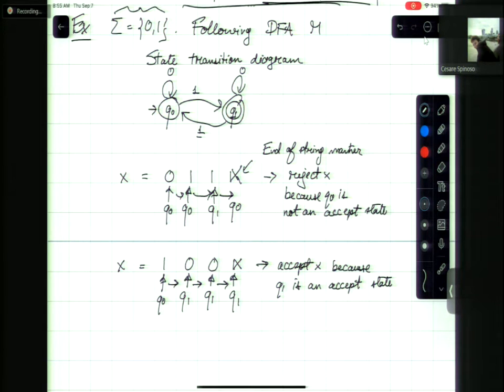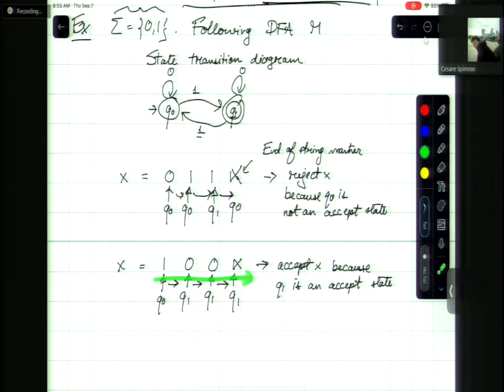Okay? Now I can take questions. Yes, Marcello. That's a very good question. Excellent. So the question that Marcello just asked is: I have put the string on my input tape, and I've read it from left to right.